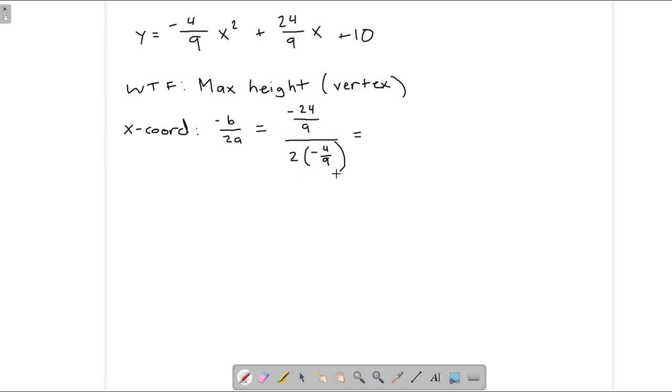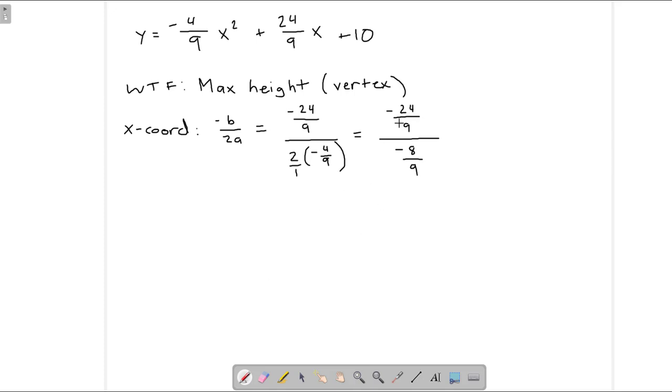I don't like having the parentheses with the 2 multiplying on the outside, so leave the top the same for now. And remember, 2 is just 2 over 1. So I just multiply through on the top and the bottom. So 2 times negative 4 is negative 8 over 1 times 9, so just 9.